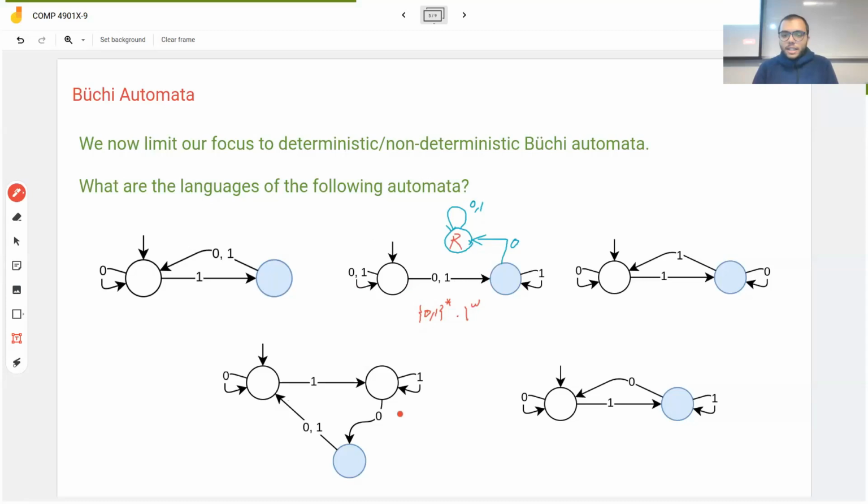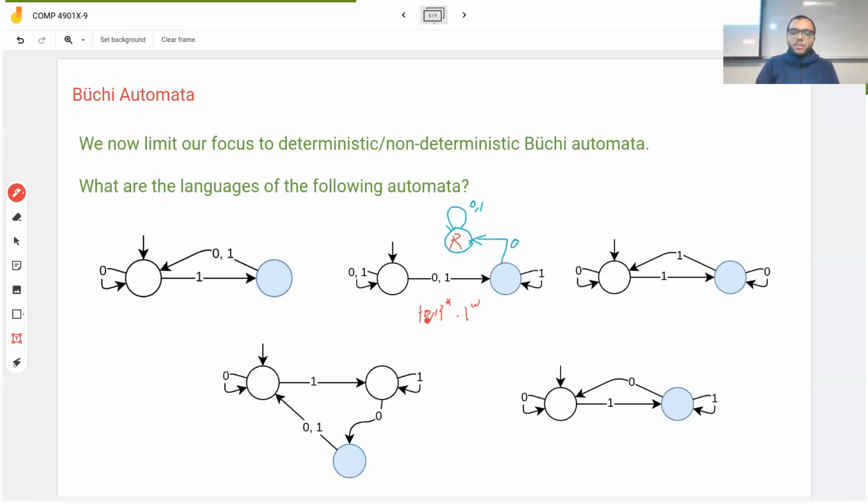Now, again, why does this work? So first of all, if I have a string that is accepted here, it means that I had an accepting run. And the only way I can have an accepting run is to go right and then remain there, which means that I had ones at some point and at all times after that point, right?